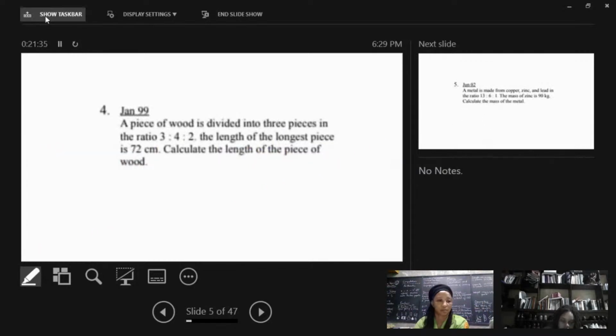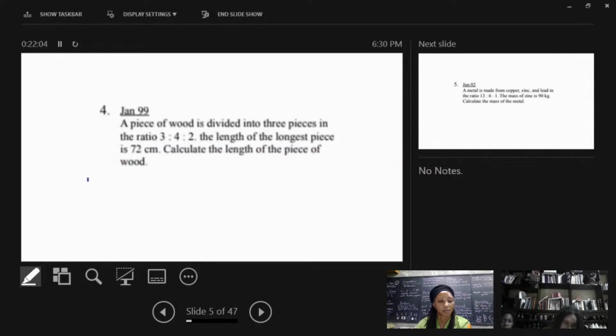All right. John, number 4. Okay, Miss. Number 4. A piece of wood is divided into three pieces in the ratio 3 to 4 to 2.